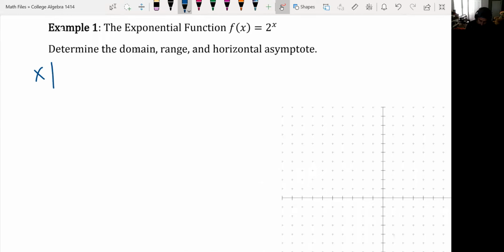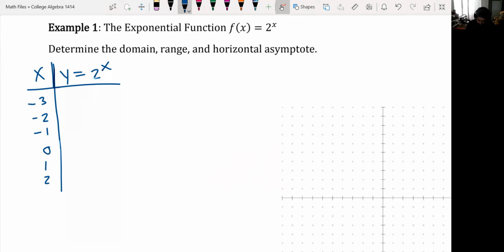So here's x, and y equals 2 to the x. Let's get some numbers going. Let's go from -3 to 3: -3, -2, -1, 0, 1, 2, 3.